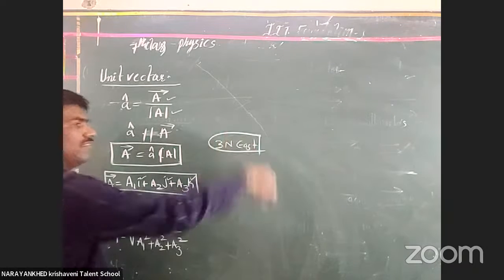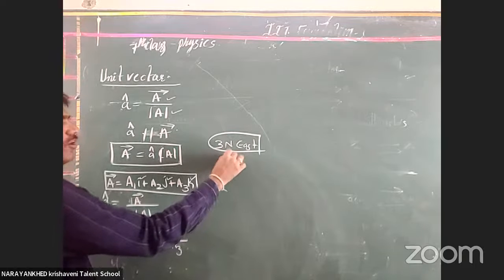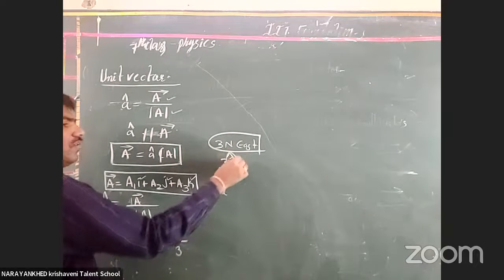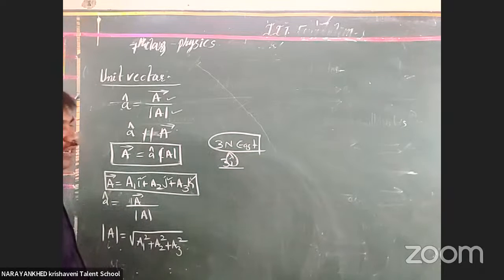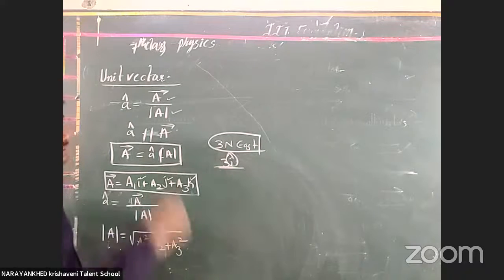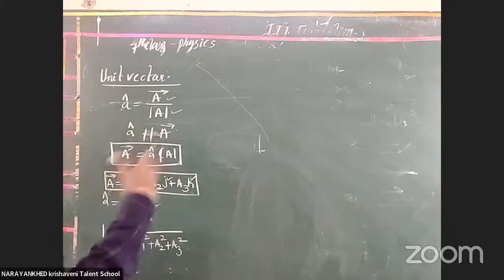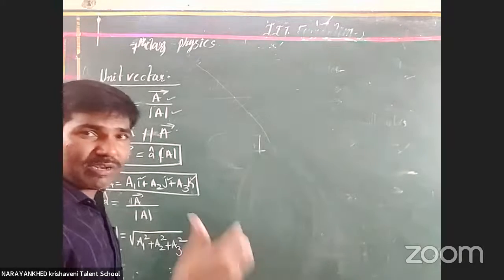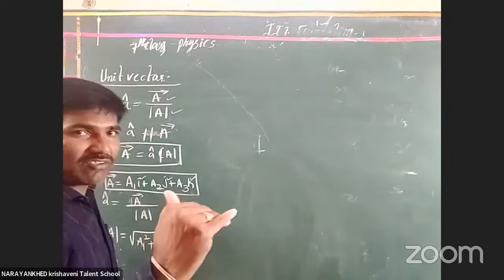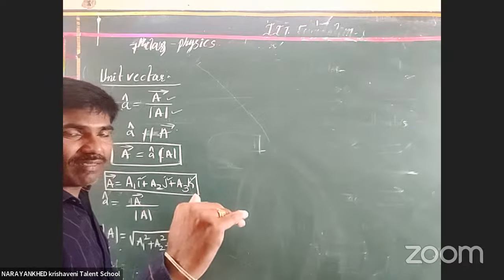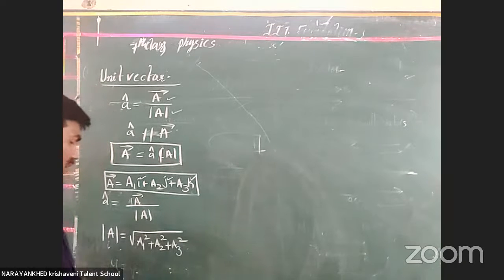We write it as 3 I bar, because I cap is the vector along the x-axis. In this mode only we have to write it. Every time we do not mention east or south; the direction is the x-axis direction.